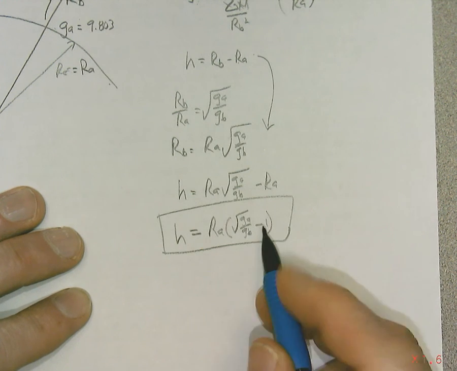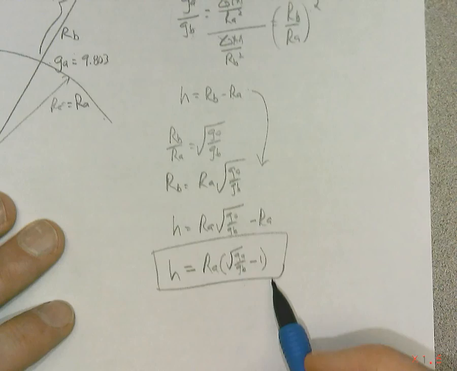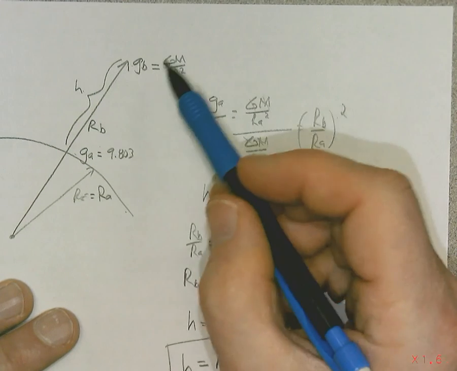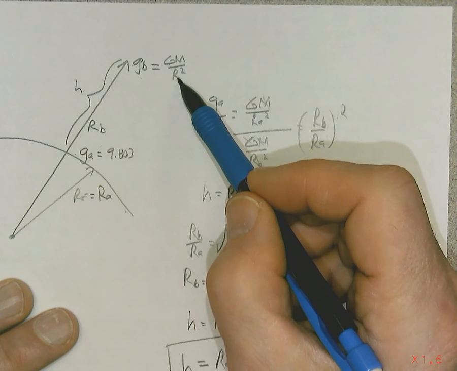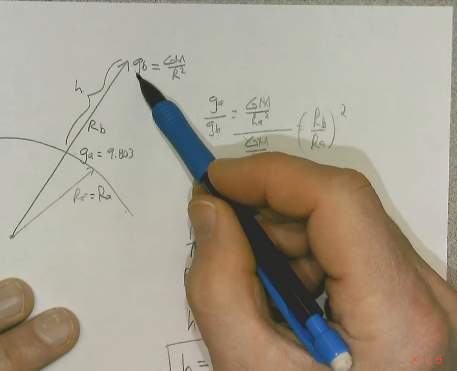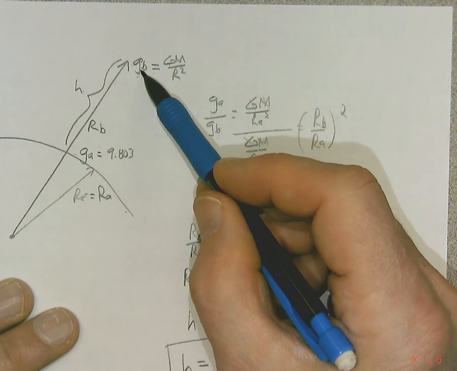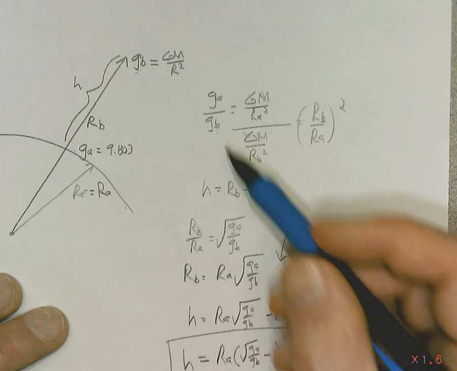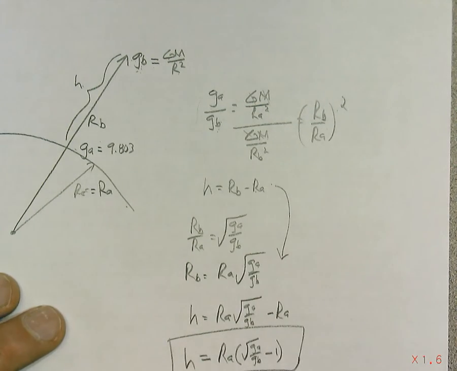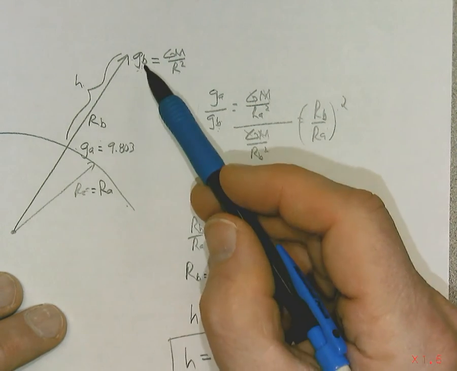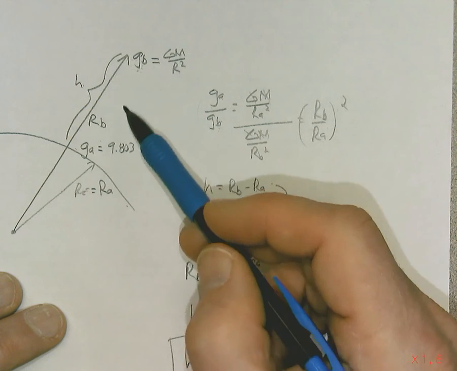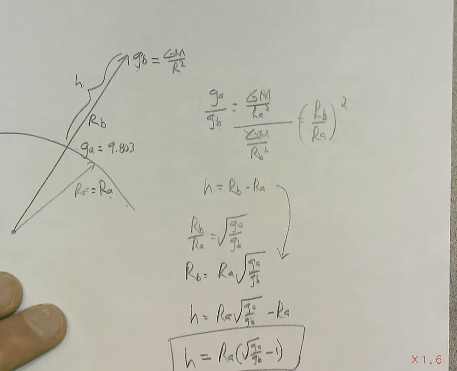Now you might have found that to be more cumbersome than just going with g_B as GM over R squared, solving for R, knowing what the value of g_B is. In any case, you'd have to subtract off from this radius that you find the radius of Earth, which is R_A.